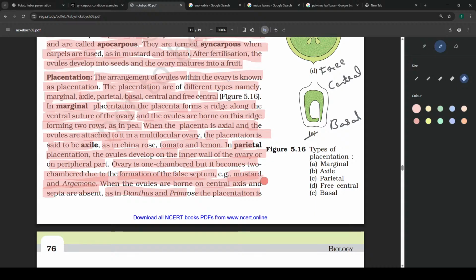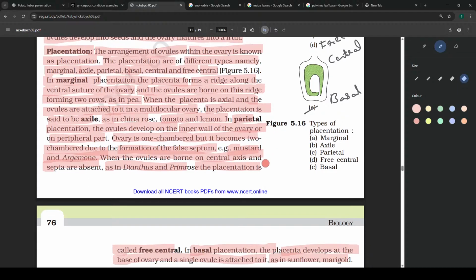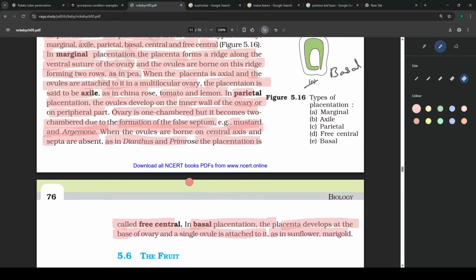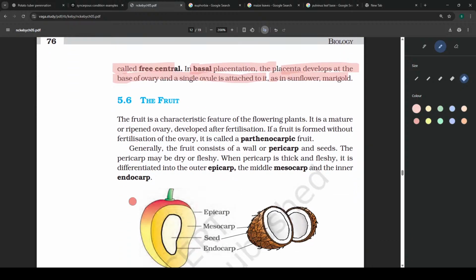Parietal placentation is seen in mustard and argemone. Free central placentation is seen in dianthus and primrose, and basal placentation we see in sunflower and marigold.